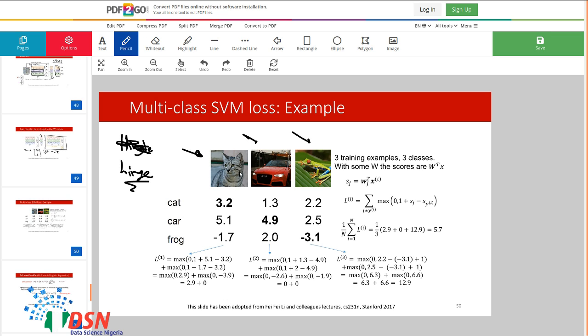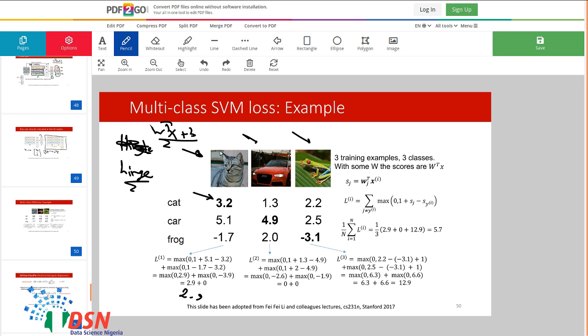So for this input we calculated this value, and we got this value for cat, for car 5.1, and for frog minus 1.7. If we calculate the hinge loss for this, it is 2.9.